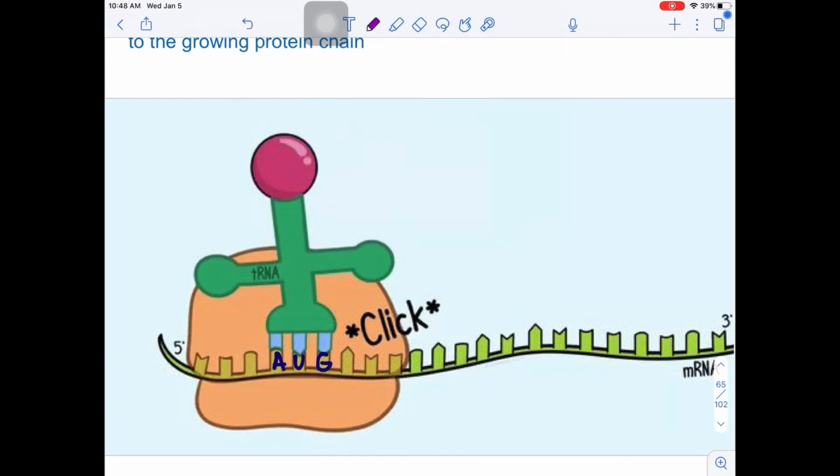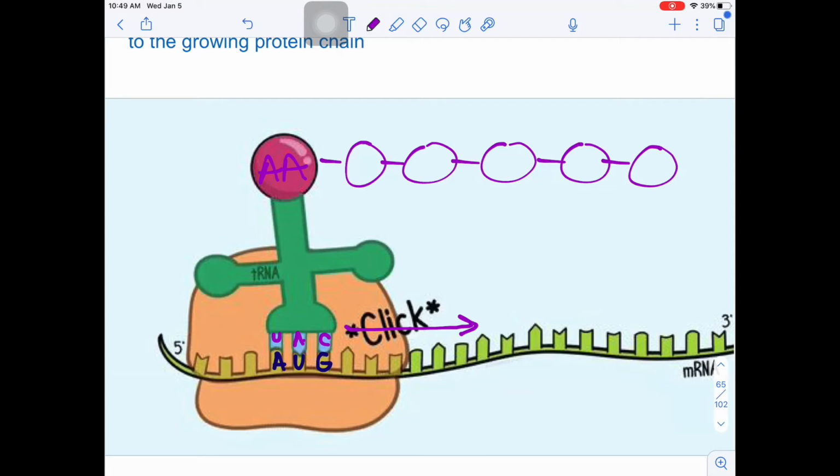The matching tRNA for this would be UAC, and it's going to bring with it this amino acid right here, so amino acid AA. Then the ribosome moves along in this direction down the mRNA strand. New tRNA molecules come in, and more amino acids are attached to each other to create the growing protein.